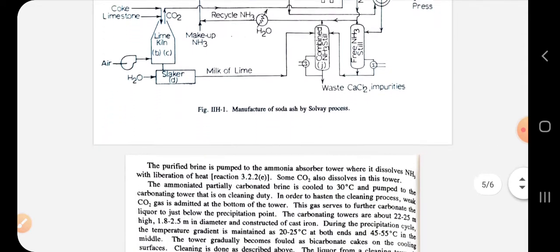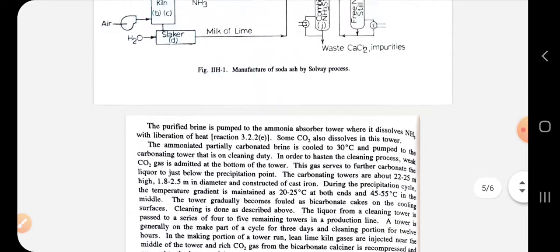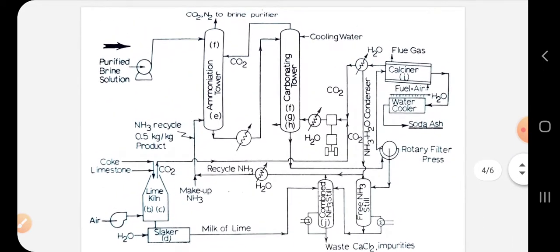Second is economics of the tower design. So this tower designing economics is to be kept in mind, and depending on the yield, the tower height, pressure and temperature should be optimized. Third is ammonia recovery.